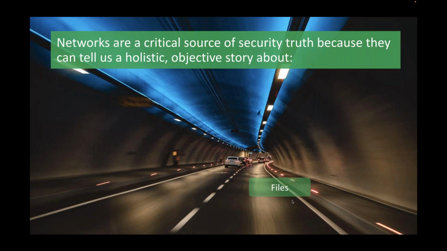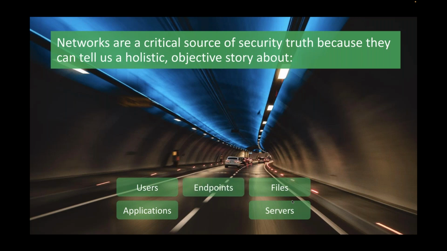So the things that we cover, we can talk about files, what happens there. We can talk about applications and how they interact. We can talk about servers. They're still key components within organizations' networks. And then obviously the users often, unfortunately, take the blame for many problems, but there's no getting away from them despite the rise of AI.